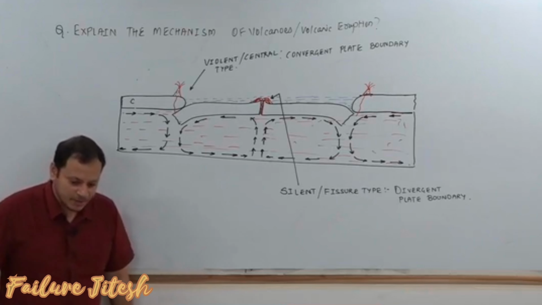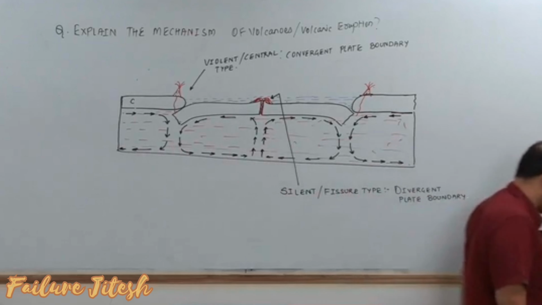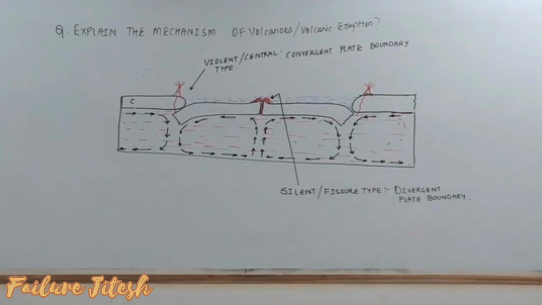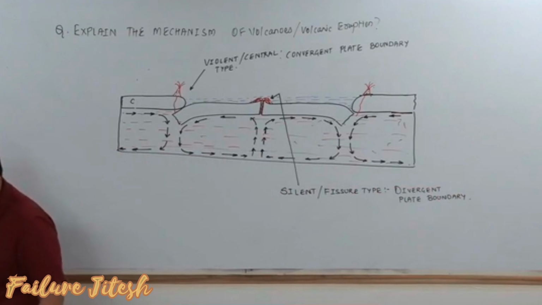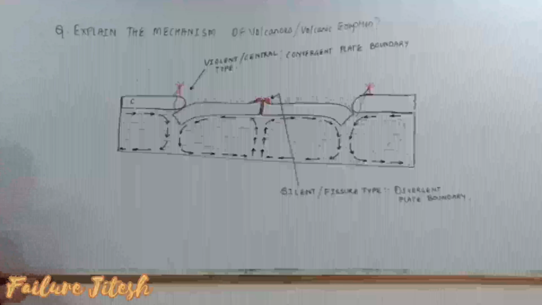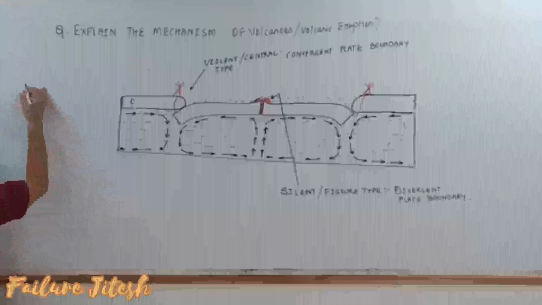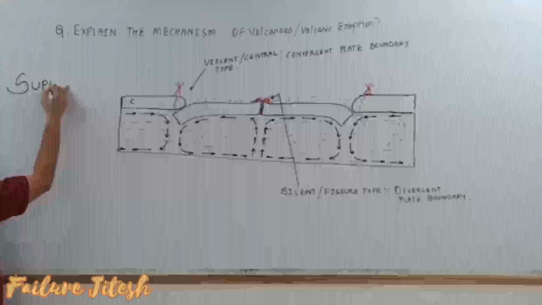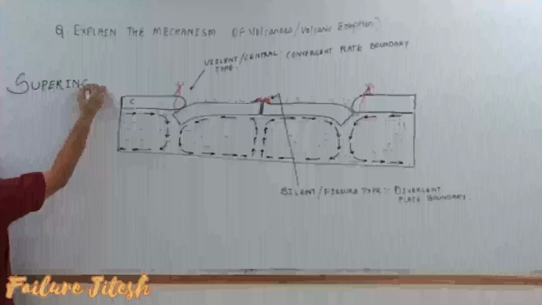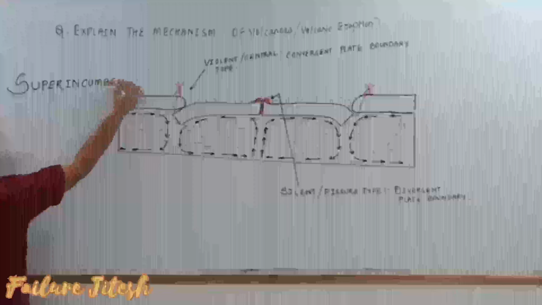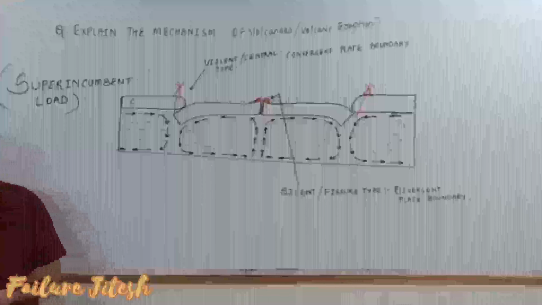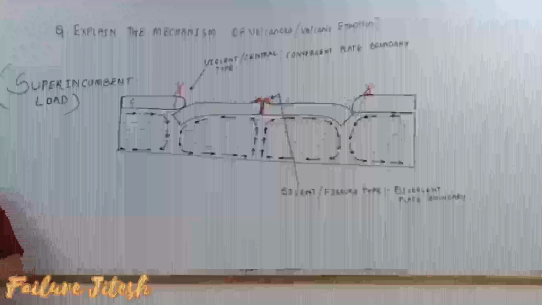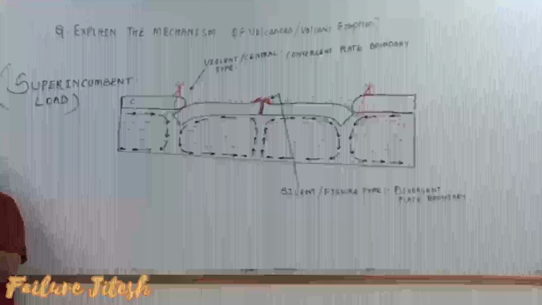Why? It is because the melting of ice caps and glaciers reduces the overlying pressure, or in the bracket, we'll be using this word in landslides, we'll be using this in climatology, superincumbent load.